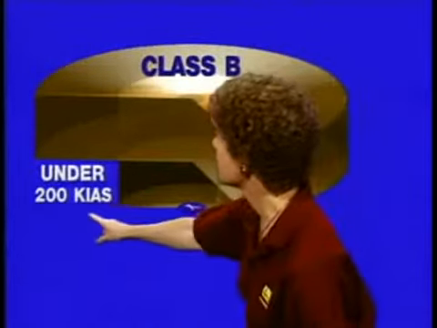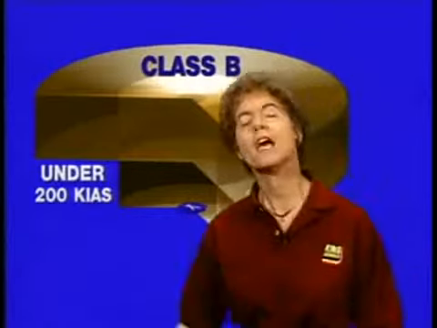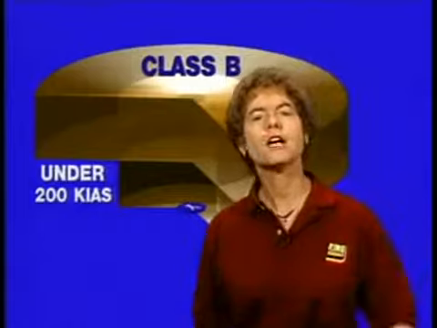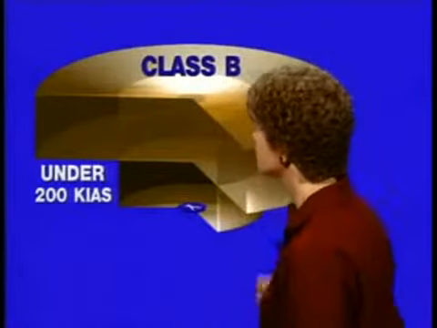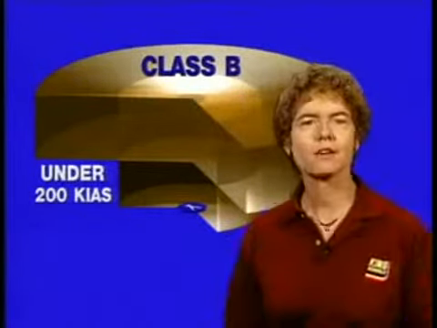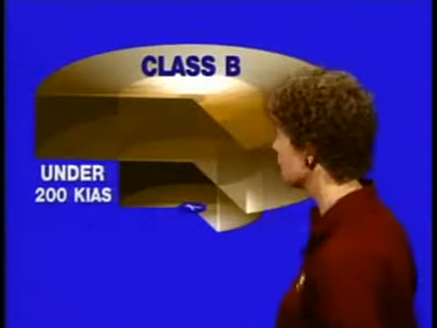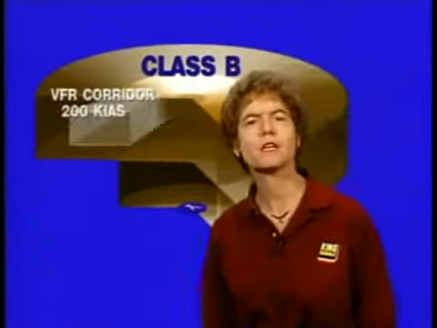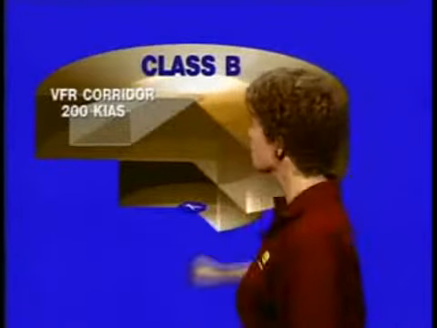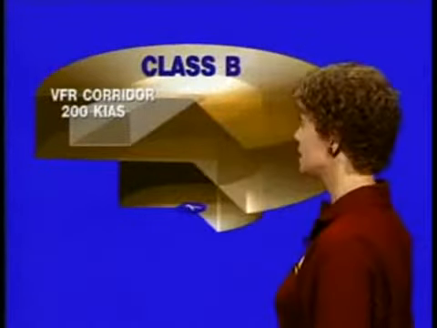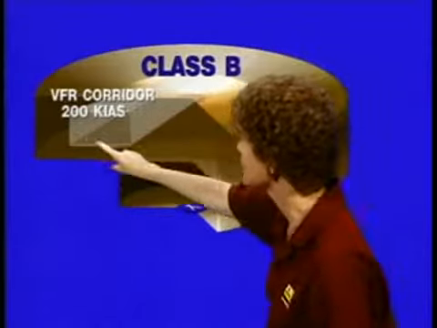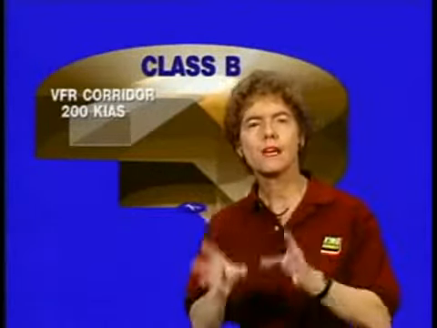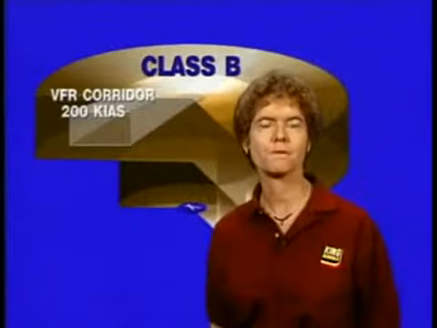It's 200 knots indicated airspeed. And that's because there's a lot of traffic jammed up under there trying to get around the edges of Class B without having all the requirements to actually go through it. Now, another place relating to Class B airspace with a speed limit is a VFR corridor through Class B airspace that also has a speed limit of 200 knots indicated airspeed within the Class B corridor.